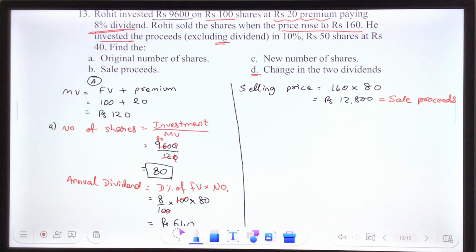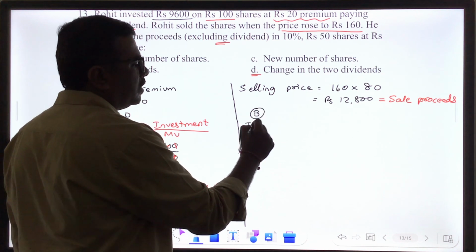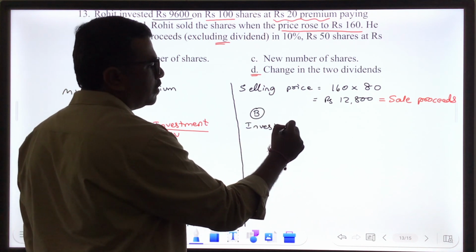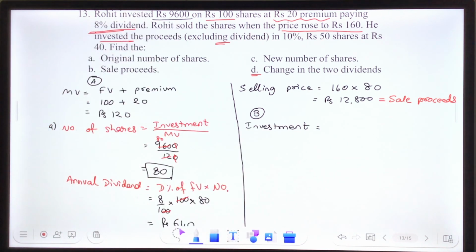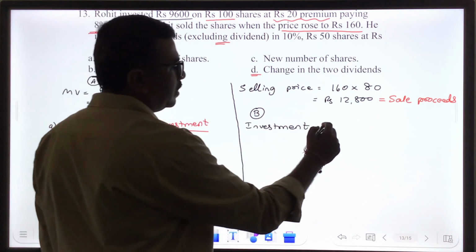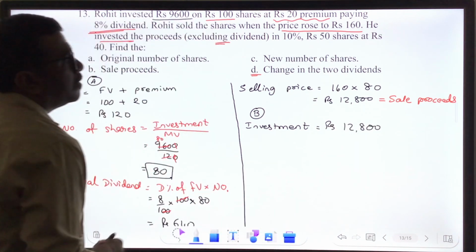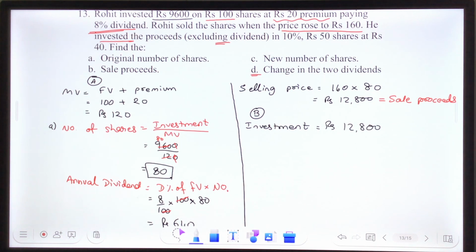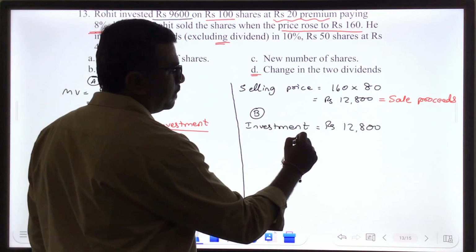So in company B, his investment will be the selling price of shares of company A, which is rupees 12,800. Now in company B, the market value is rupees 40.